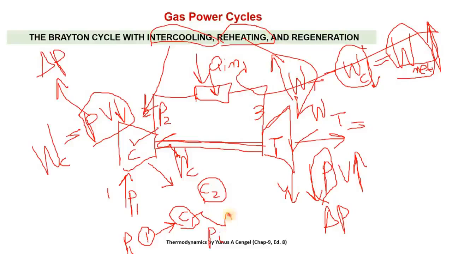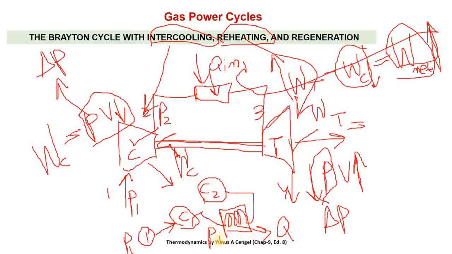Then it is cooled here in a heat exchanger, where some cold fluid is brought in contact with this fluid, whose pressure is increased to some intermediate pressure. Here it is cooled, means it loses heat to some cooling medium. So here heat is rejected by this fluid when it is brought in contact with some cold fluid.